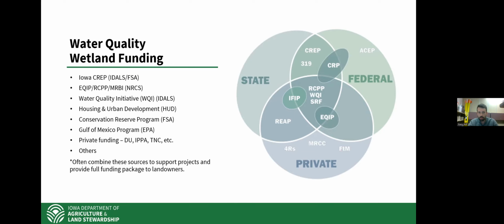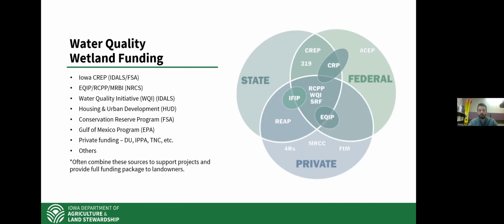We also knew that there's an opportunity to leverage funding working with some of our federal and private partners. So we've worked on a handful of sites using different programs like EQIP, RCPP, just general CRP. Again, I'm guilty as a government employee of using a lot of acronyms.